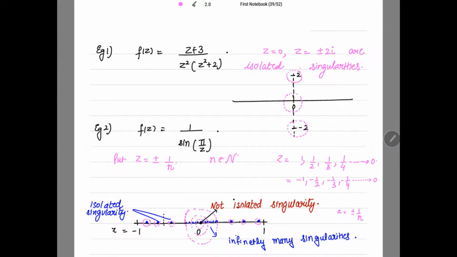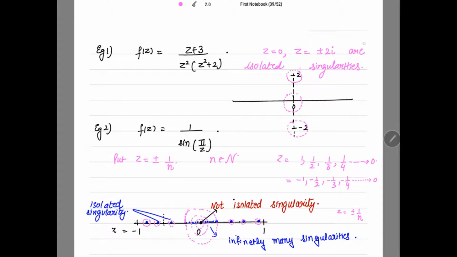And why is this non-isolated? Because infinitely many singularities exist in the neighborhood of 0. And what we have said for an isolated singularity is that no other singularity should fall in the neighborhood of that point. Right?